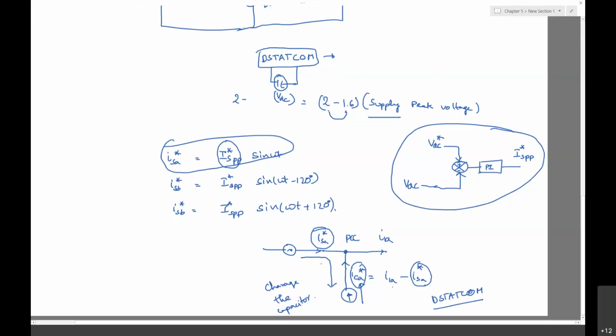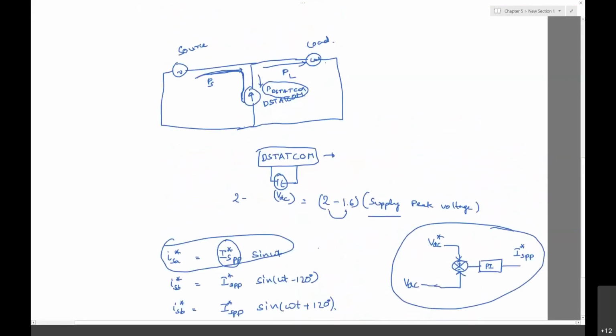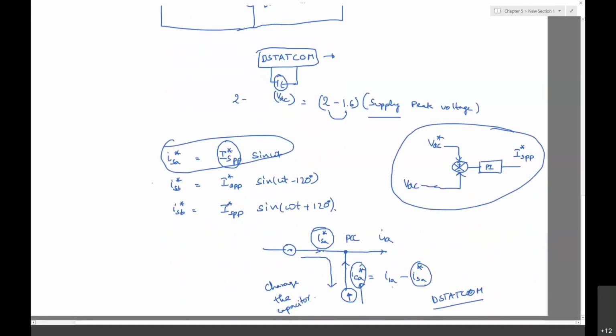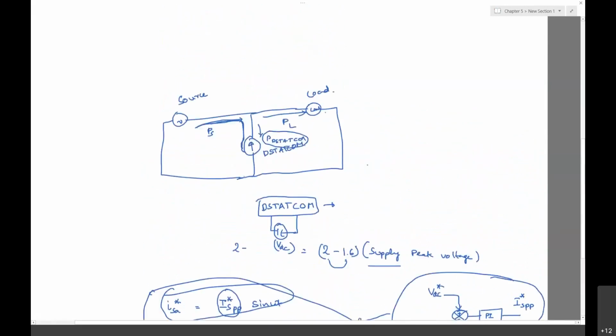Here the point is, in the earlier explanation I told you the source is supplying the active power required by the DStatCom and the load. Generally it is done this way, but depending on the algorithm it can differ. Here the reference source current is generated based upon this voltage loop alone, so we have not considered how much load reactive power is to be supplied by the source.